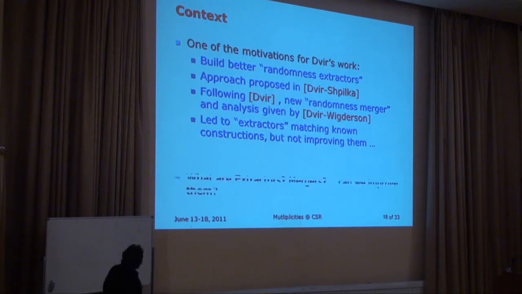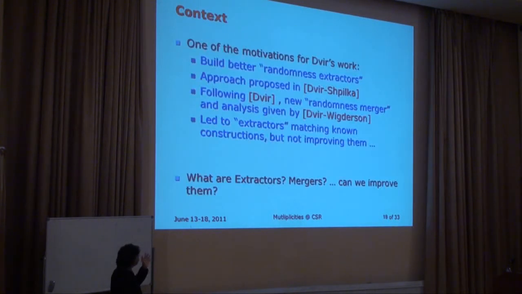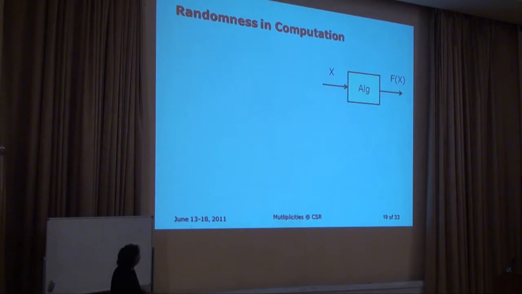There are some concepts called extractors and mergers, and the bottom line was we wanted to see, can we improve them? Let me tell you what these objects are, or give you a general sense of where they come from. The general theme in computing is that we want to understand or design algorithms which start with some x and produce output f of x.